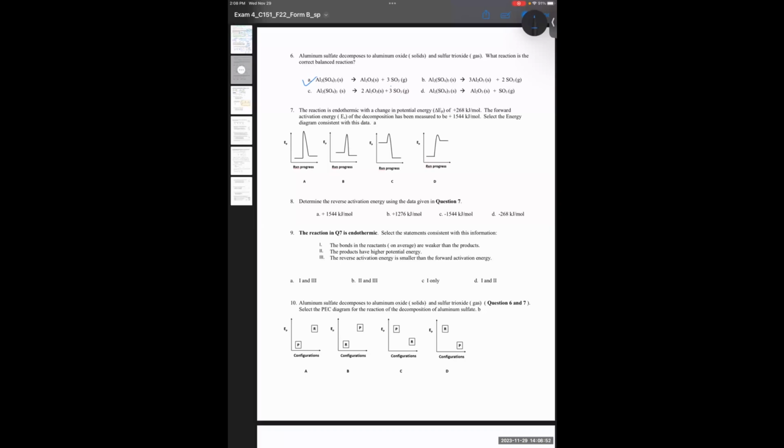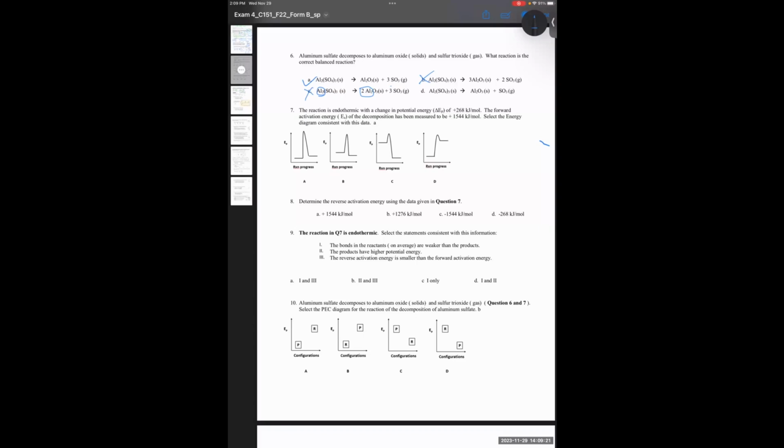Option A seems to be good. And then option B is incorrect because we have 3 sulfur atoms on the reactant side and only 2 on the product side. I just looked at the sulfur. If you look at option C, I have 4 aluminum atoms on the product side, only 2 on the reactant side. So this is unbalanced.